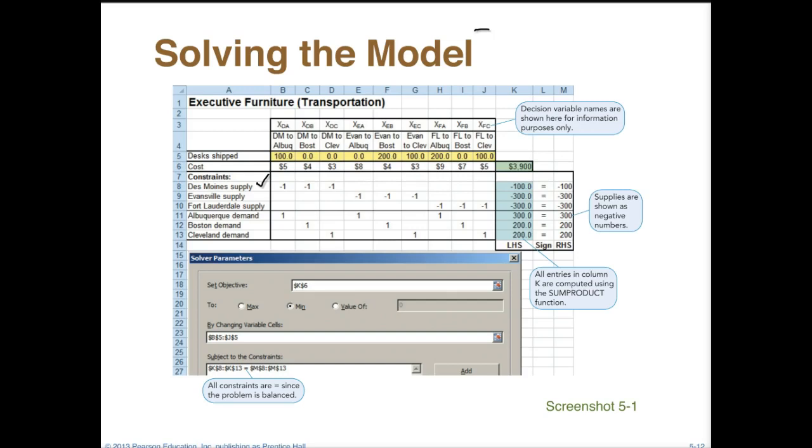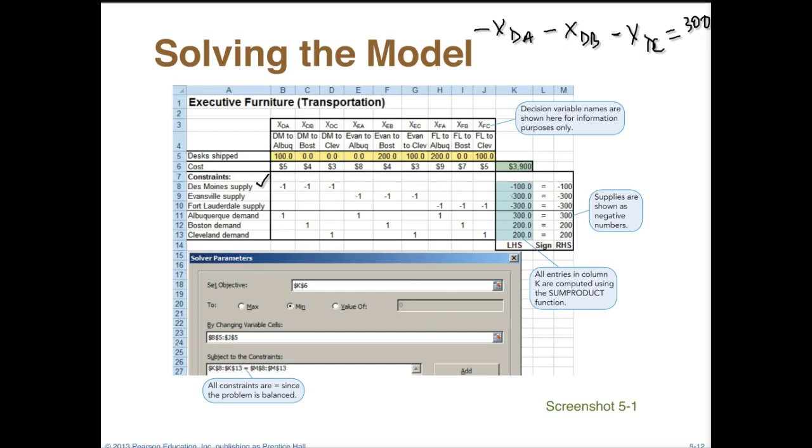So if you remember, we had negative x of dA minus x of dB minus x of dC equals, I believe it was 300, okay?